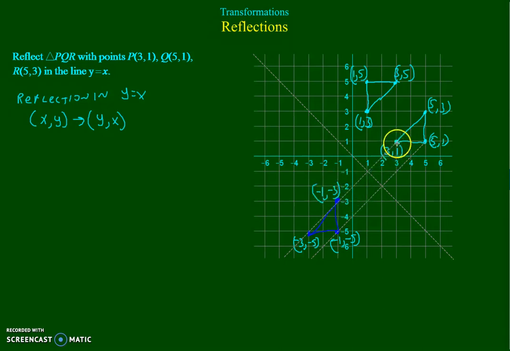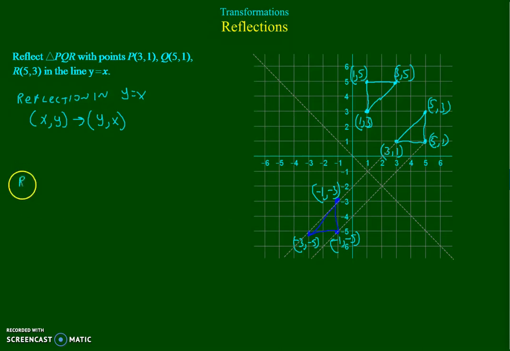This point went from 3, 1 to -1, -3. 5, 3 to -3, -5. And 5, 1 to -1, -5. Do you see what happened? It's the same pattern. The x's and y's swapped places, but this time they swapped places and changed signs.